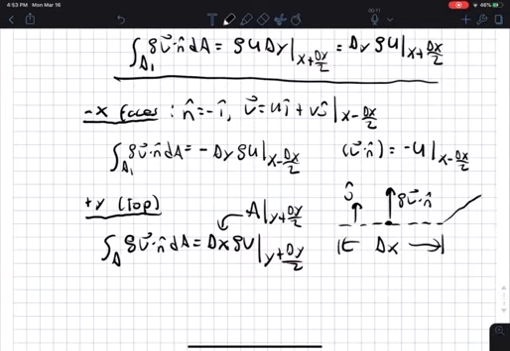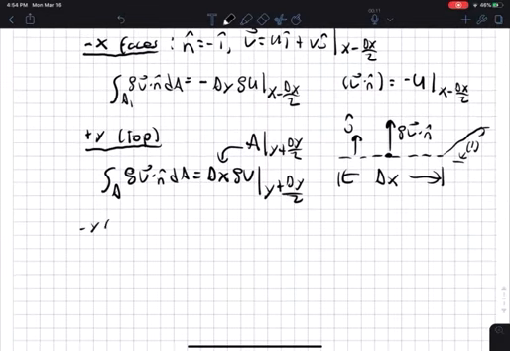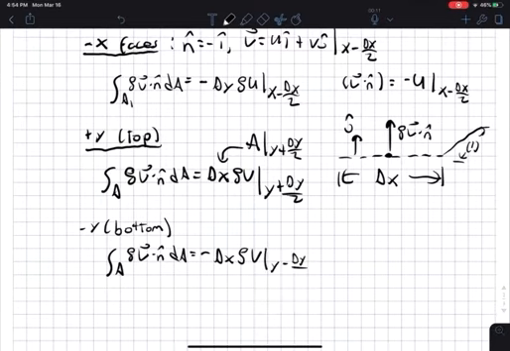And so the cross-sectional area is again just the width times the depth, which is delta x times 1. And then for the minus y face, which is the bottom, we have the integral over that area of rho v dot n hat dA equals minus delta x times rho v at y minus delta y over 2.